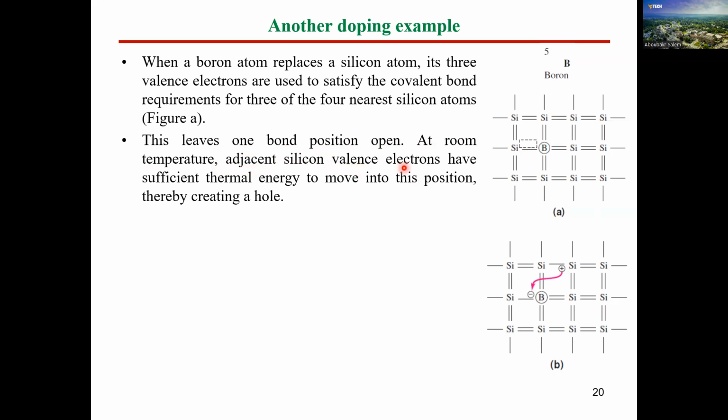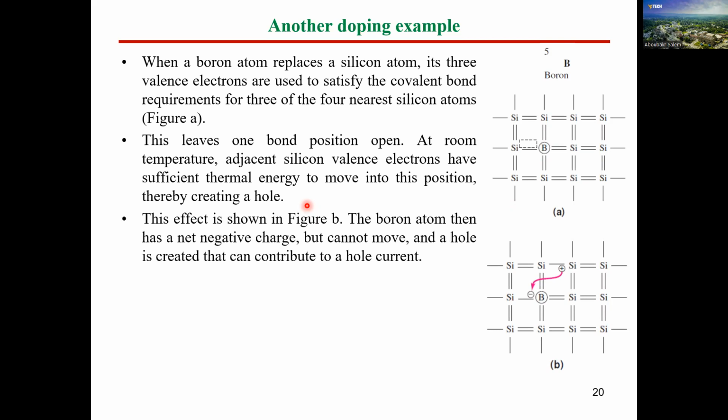Adjacent silicon valence electrons have sufficient thermal energy to move into this position, thereby creating a hole. So we have here a hole, not an electron. And for sure, this hole is ready to accept an electron. So this will allow more concentration in our material.